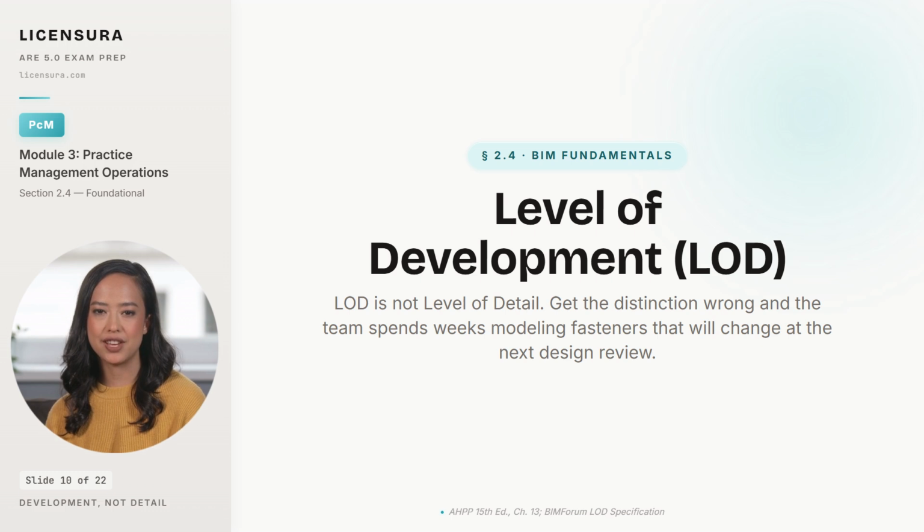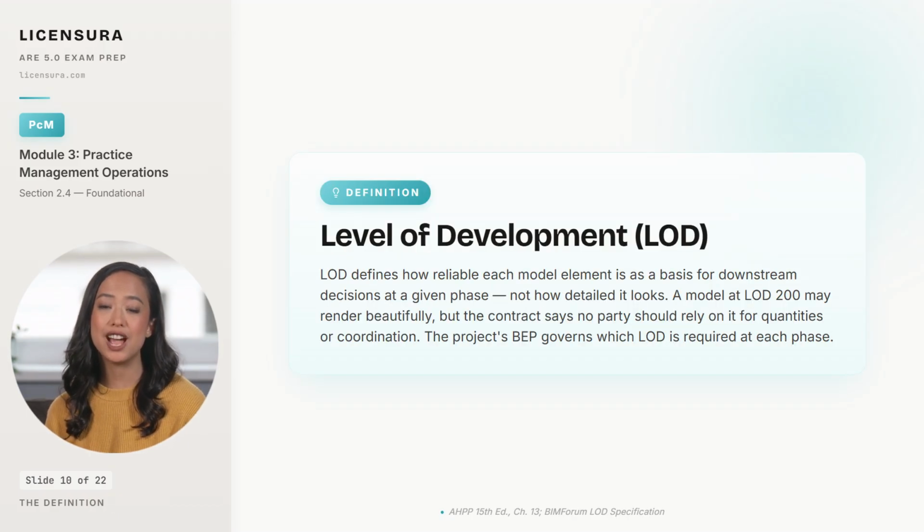Start with the formal definition, because the contract language in AIAG 202 binds your firm to it. LOD defines the reliability of each model element as a basis for downstream decisions, not how finely the geometry is drawn.